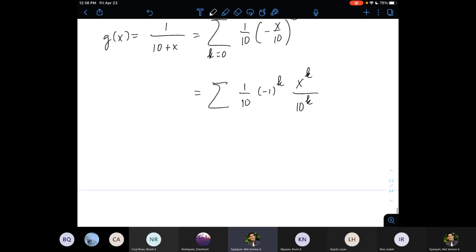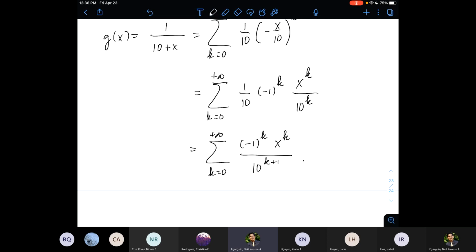So I'll have this, k going from 0 till infinity. And then this will become this. I'll copy the -1 to the power k, x to the power k on top. But in the denominator, I have a 10 here and 10 to the power k. Multiply them together, we'll get 10 to the power k plus 1. So this is your expansion for 1 over 10 plus x.